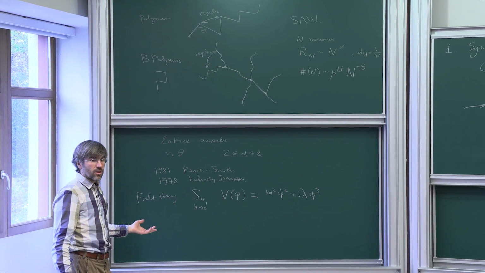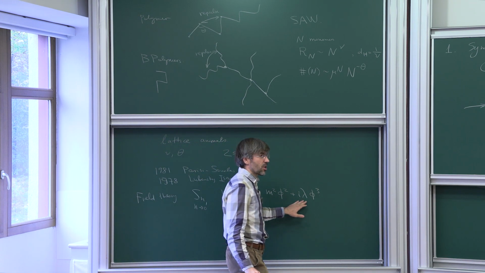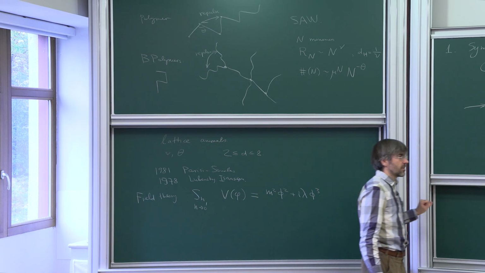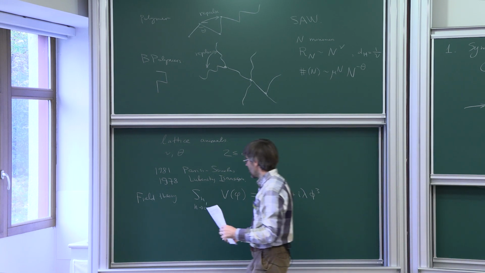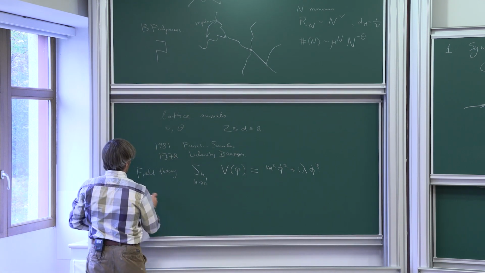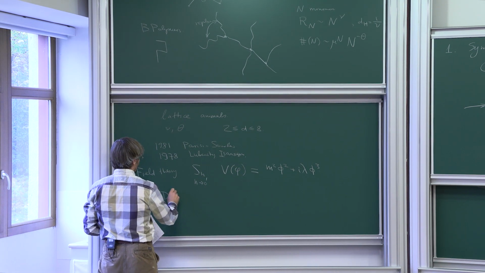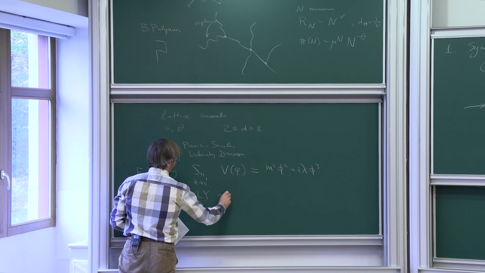And what is this field theory model? It's a cubic potential with an imaginary coupling, and this is the well-known Lee-Yang universality class. So they argued, based on this, that there should be dimensional reduction to Lee-Yang in d minus 2 dimensions.